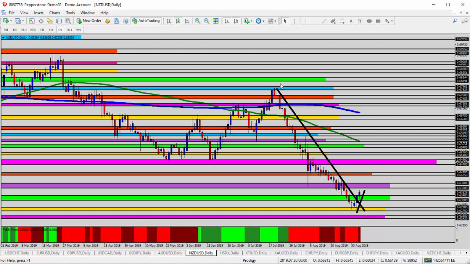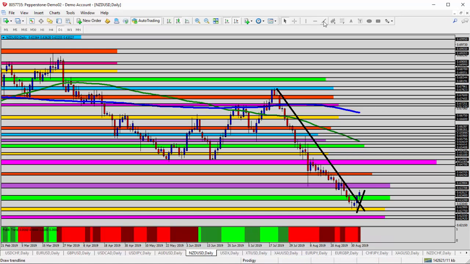Of course, the black trend line, the long down black trend line, shows the downtrend. Today, we see the market pushing back above that trend line. That's our first clue that maybe we're starting to see a little bit of a change in the price action. We haven't seen any significant upward movement in the past several weeks.